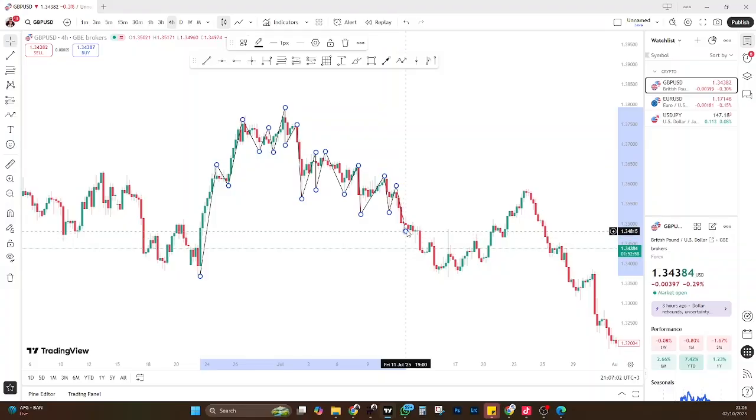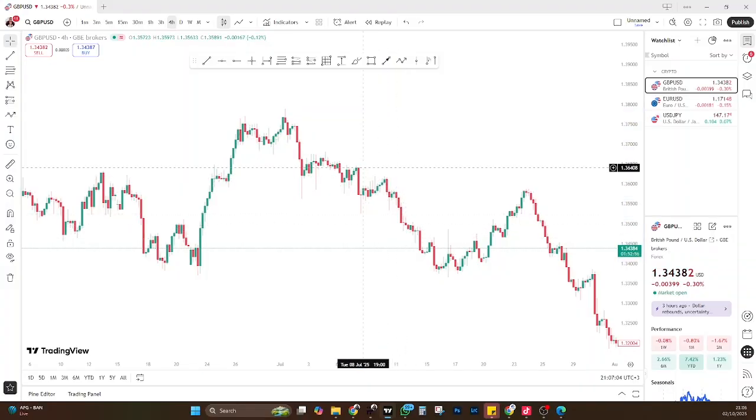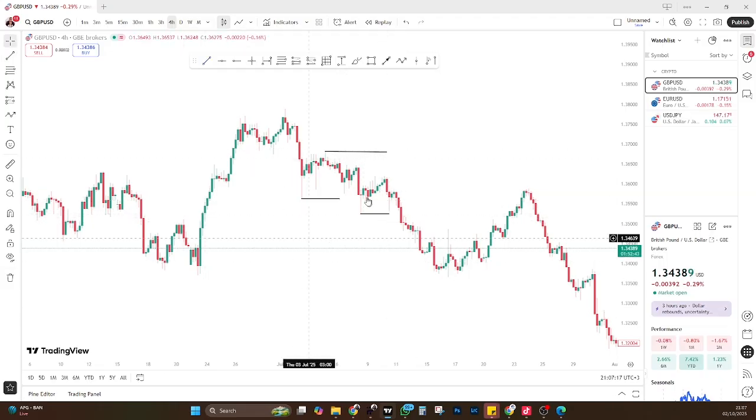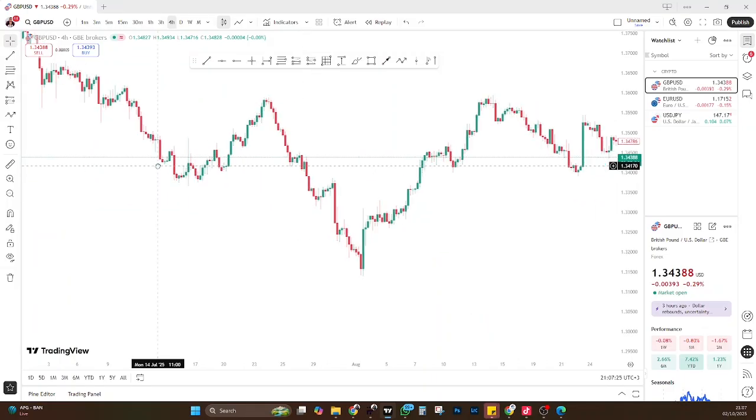Now all these swing highs and swing lows, you see this, this is liquidity, and this liquidity must and will be taken out.